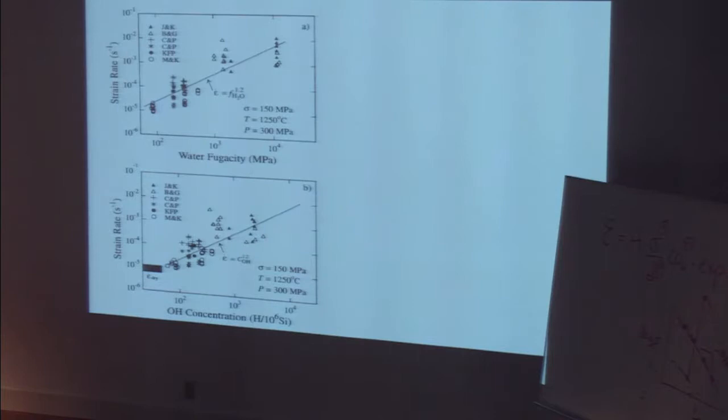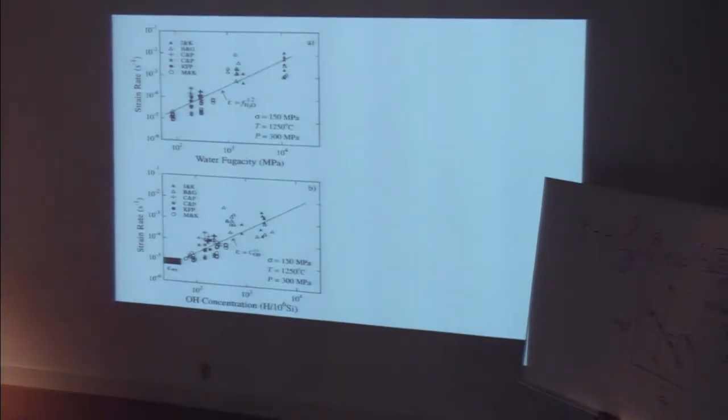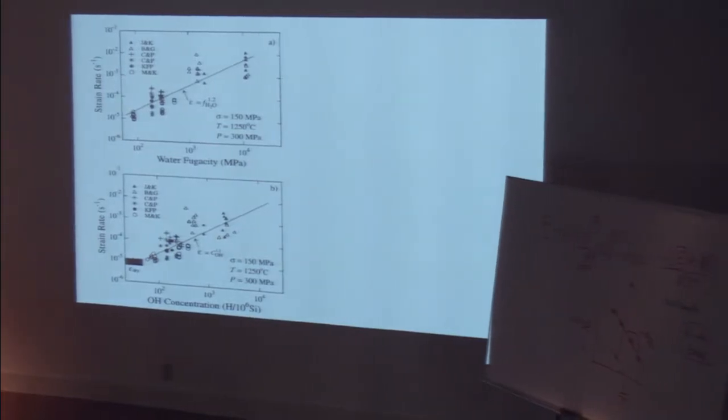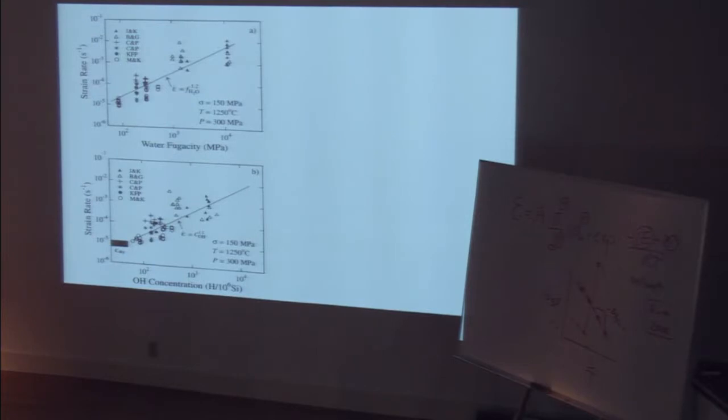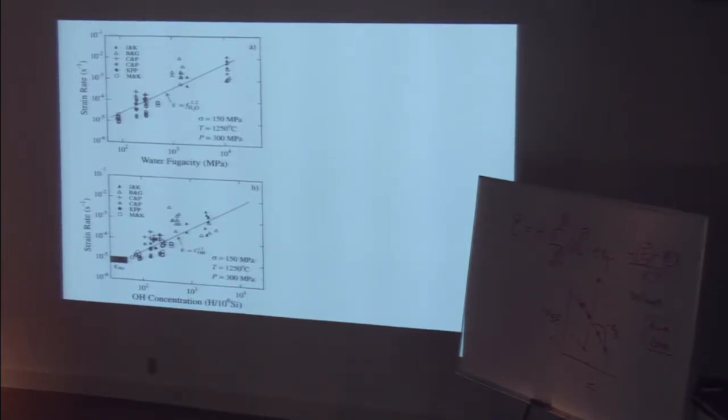So you guys have all heard of the effect of water on rheology. When experimentalists do this, if you want to control the water content, you try to do an experiment at constant water fugacity. But if you're a modeler, you don't really want to have to figure out what water fugacity is in your model.